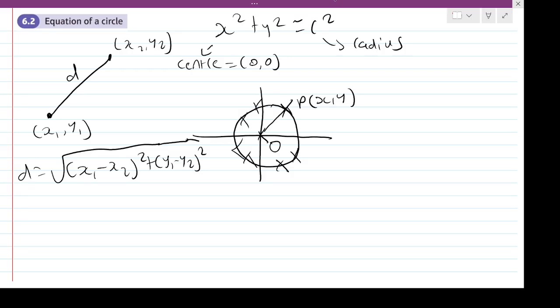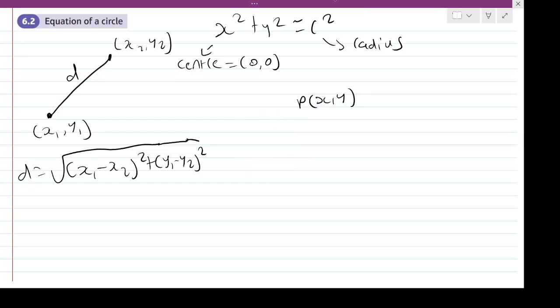So between here at the centre and P, that would be the radius, the distance between the origin and P, and that would be the same no matter where on the outside of the circle we go from the centre. All of these lines drawn from the centre to the outside of the circle will always be the radius. That is the whole idea of a circle: it's the points that are a distance of the radius from the middle.